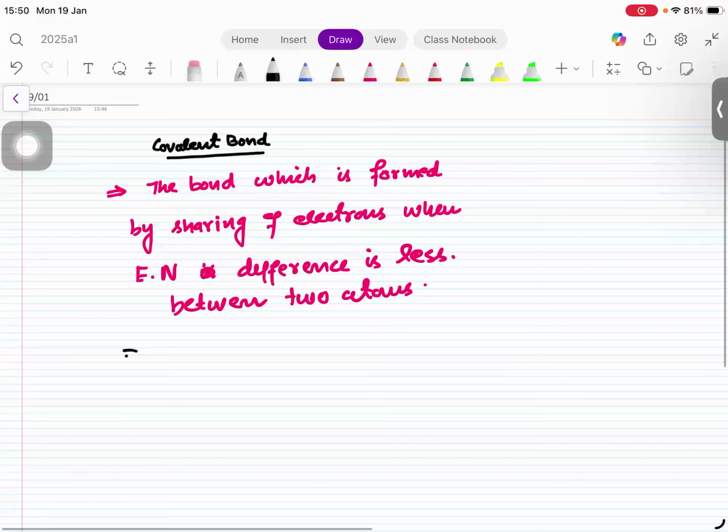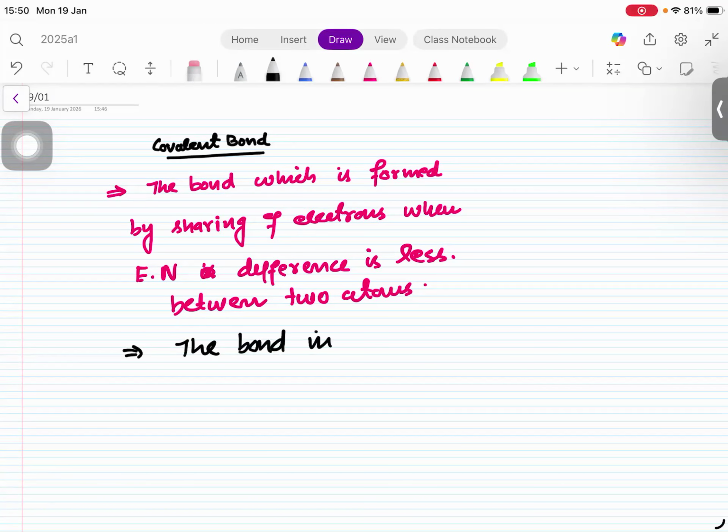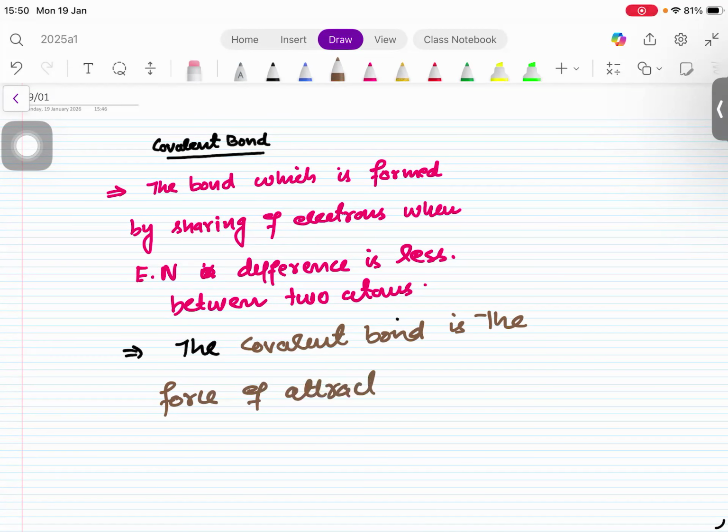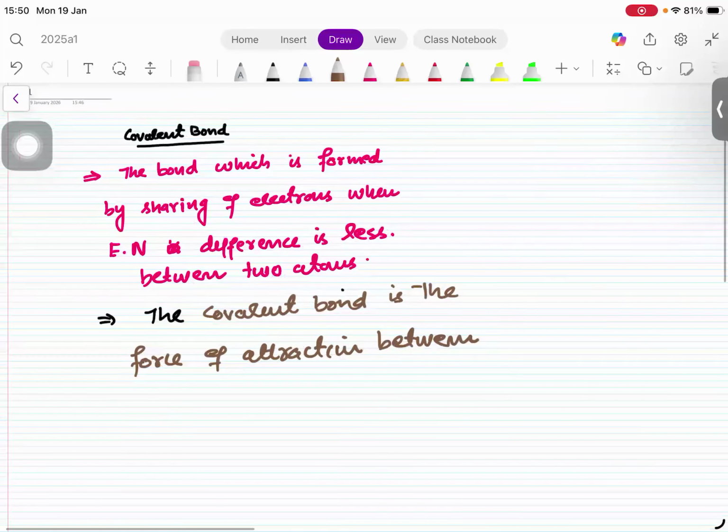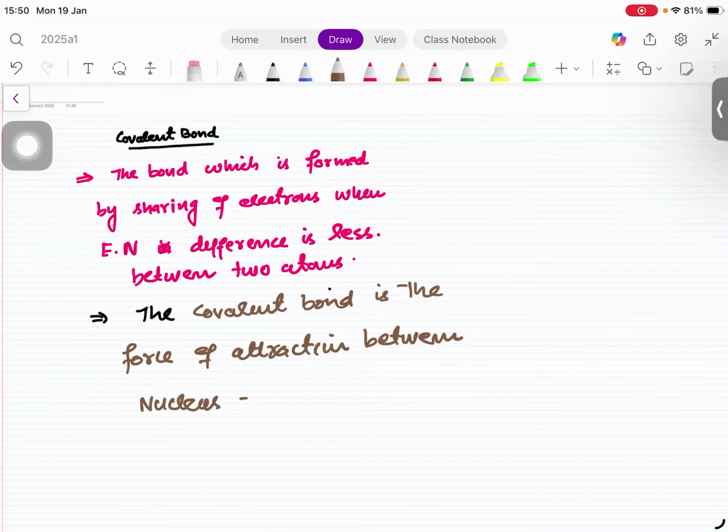If he asks you to define, then the definition is: the covalent bond is the force of attraction between the nucleus of an atom and the electrons of other atoms.